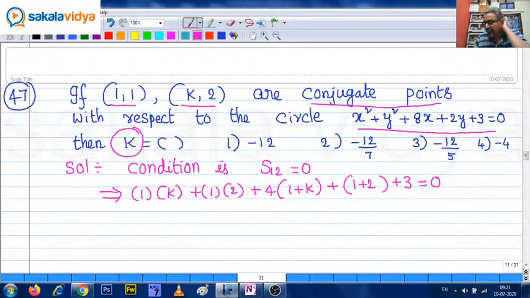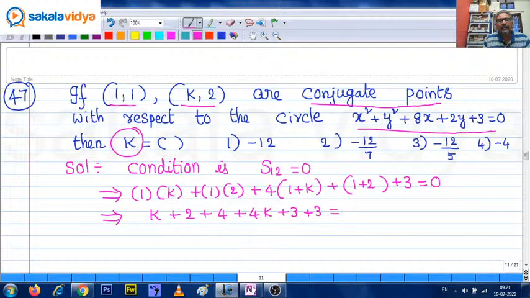So we need to simplify this one. k plus 2 plus 4 plus 4k plus 3 equals 0.